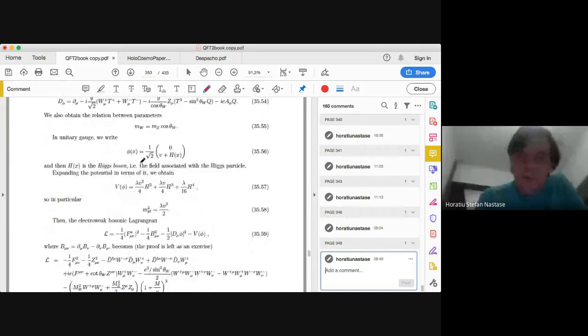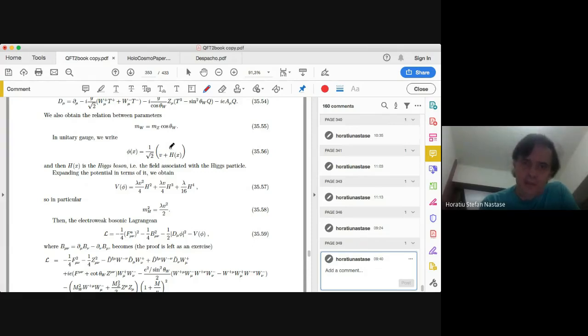Then, moreover, in unitary gauge, I have only unitary gauge. It means I use the global SU(2), I use the local SU(2) to fix the field to be only one real field.